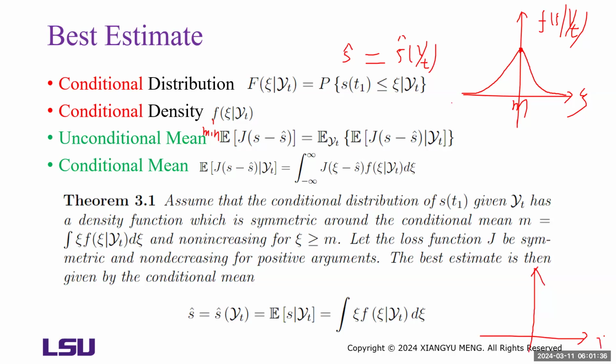Maybe let's use a different notation: J(x). This function is symmetric around 0 and non-decreasing for positive argument. So it'll be something like this.